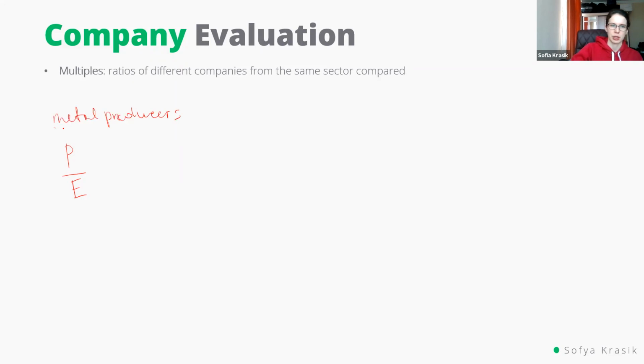We consider a sector of metal production, and we know that the sector average price to earnings is, I don't know, about maybe 20, say. And here is a new company, company X. And we know that its current market price is, for example, 100.